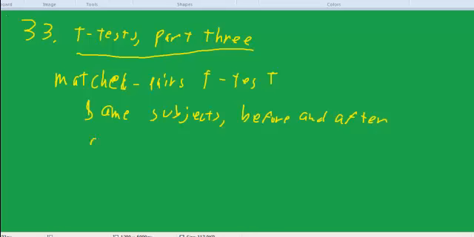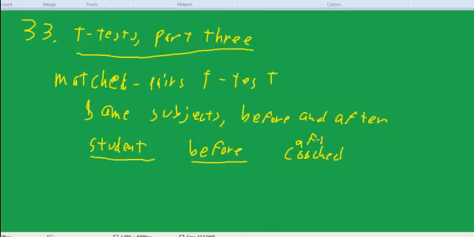So we have the student, we have their score on the verbal SAT before they're coached, and then they get coached and they take the SAT again, and we look at what happens after they're coached.